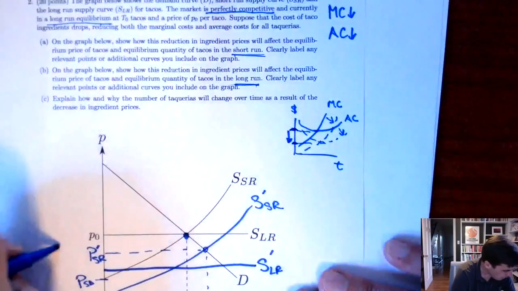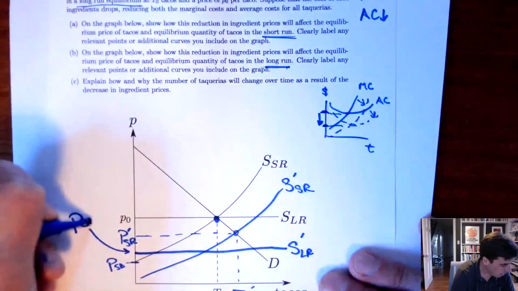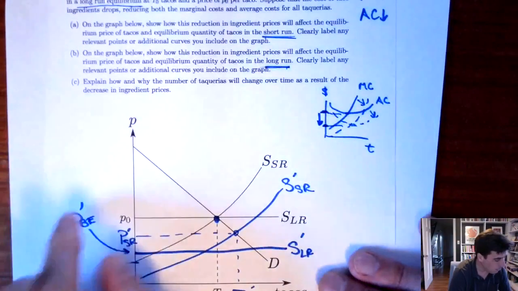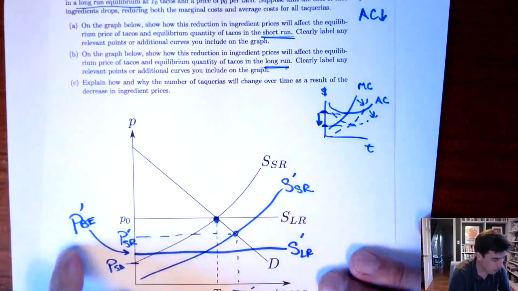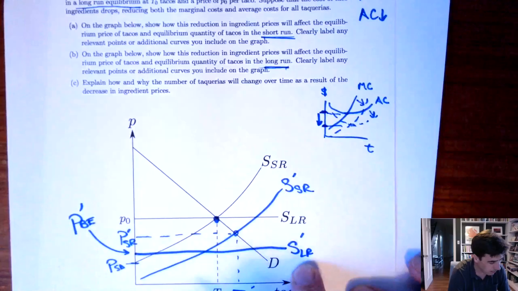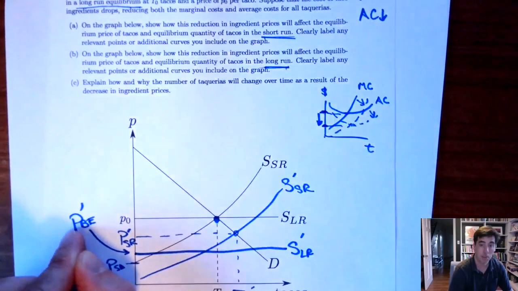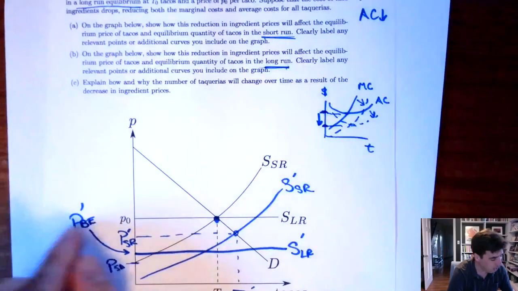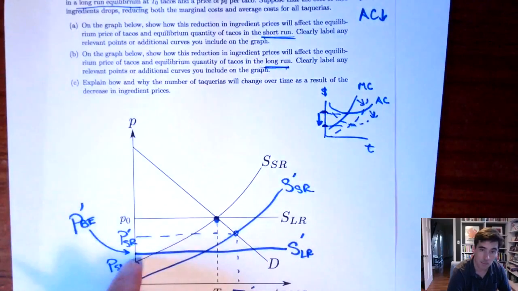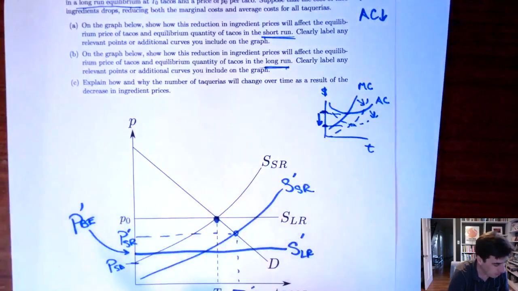It's just that the new break-even price is now lower. So I'm using primes here to make certain I identify why it's new. I've got that new curve drawn in, clearly labeled. Having break-even price written out over here tells the person grading the exam that you know why this thing is lower, right? So it's not an arbitrary decision on your part. You're showing your reasoning by the way you've labeled it.